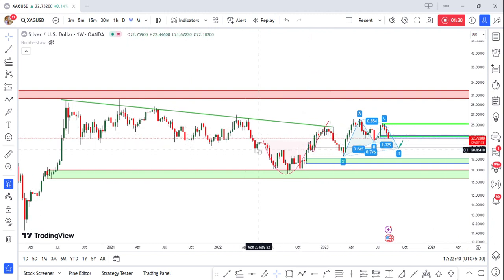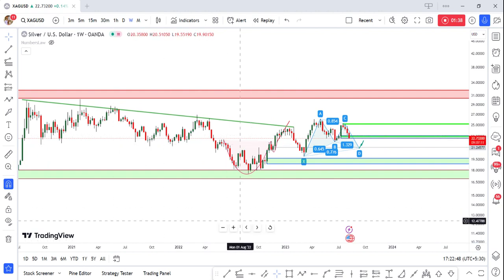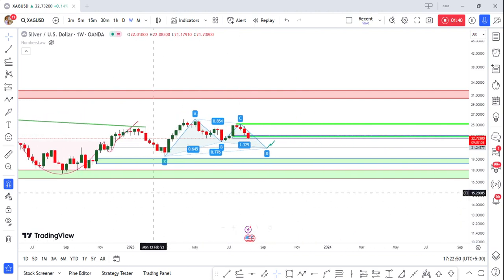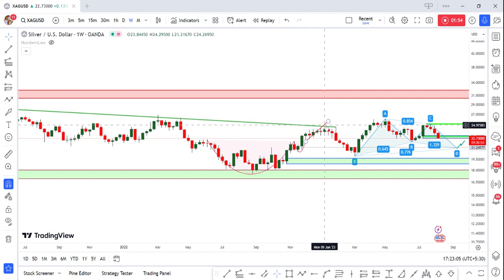Around June 22 we had a cup and handle formation. If I increase the size, you will see we had a good cup and handle formation happening, but it was invalidated because of the long resistance line we had in the price in between.